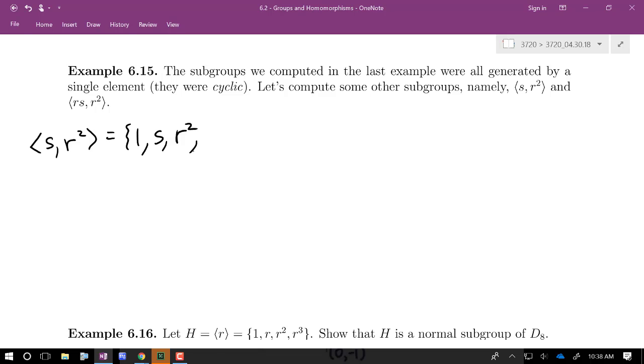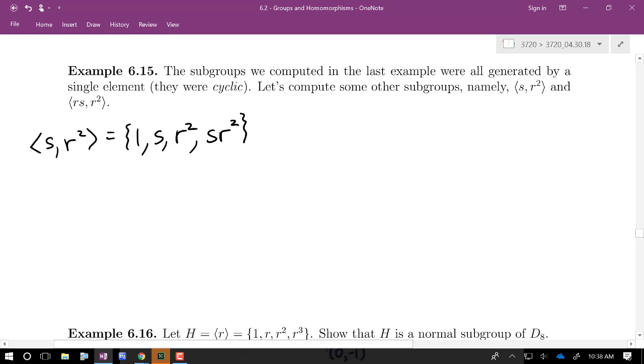So I have the s and the r squared elements by themselves, right? How else can I generate another element? Do them together. Yeah, sr squared. Put them together, right? We're generating a subgroup with both of these elements, so we're just allowing ourselves to combine either or both of these. So sr squared.